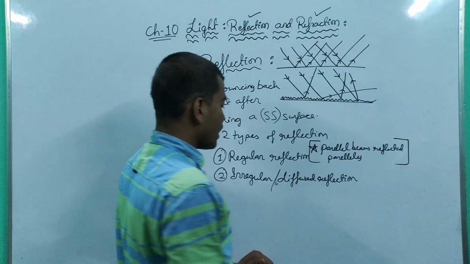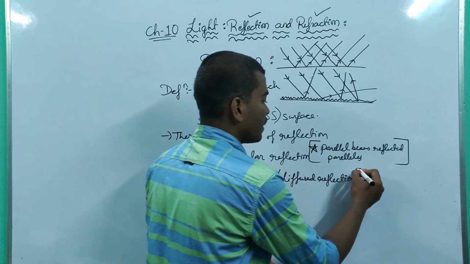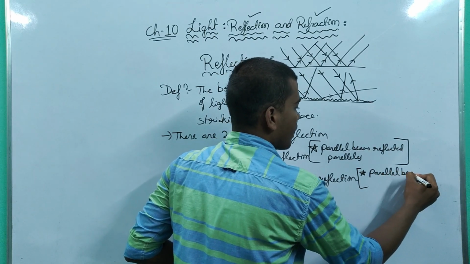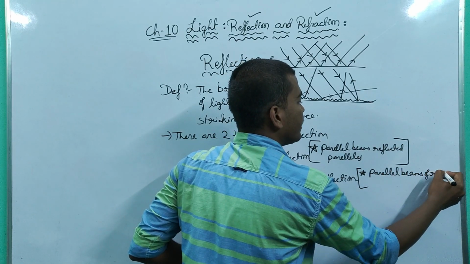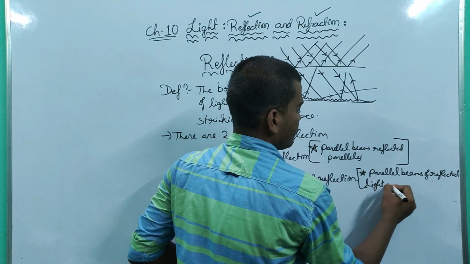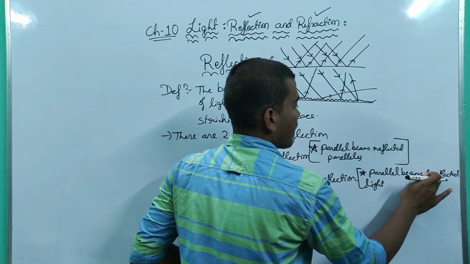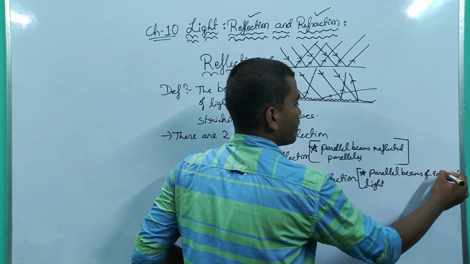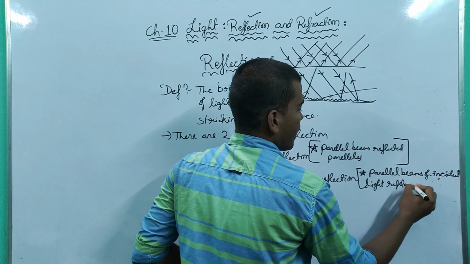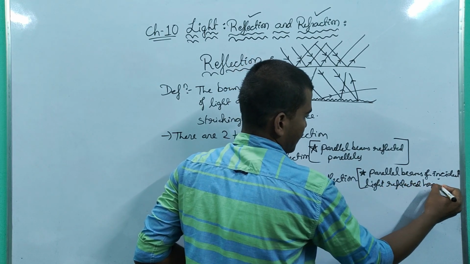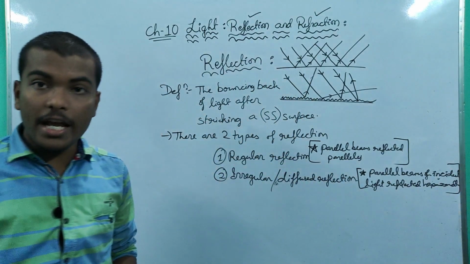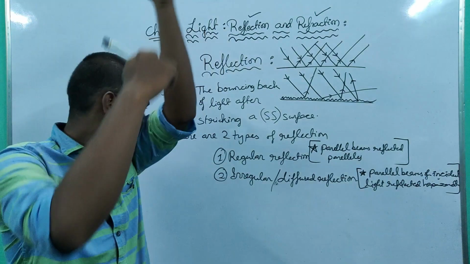So if you take diffuse reflection or irregular reflection, the parallel beams of incident light are reflected haphazardly. Okay, this is what the definitions of regular reflection and irregular reflection stand like.